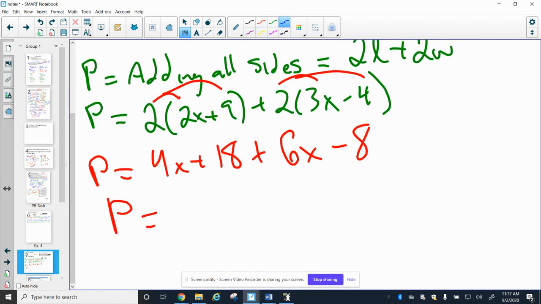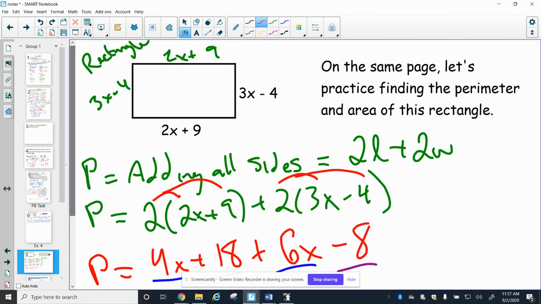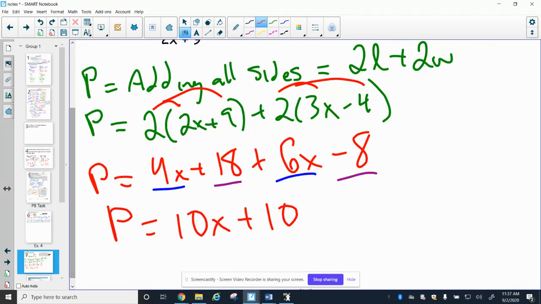Combine our like terms, 4x and 6x, and 18 and negative 8. 4x and 6x, that makes 10x. 18 and negative 8. Did not give you units here, so maybe let's say we're measuring this in inches. If we're talking about perimeter, we just say inches. That's a length. So that would be how you find the perimeter.